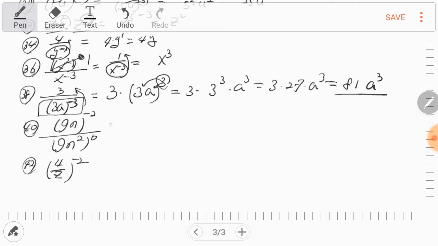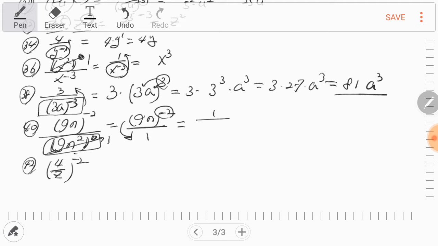Okay, now 40. The denominator is something to the 0 power, so this will be equal to 1. So what we have is 9n to the negative 2 power over 1. And the numerator has a negative power, so move this whole thing to the denominator.